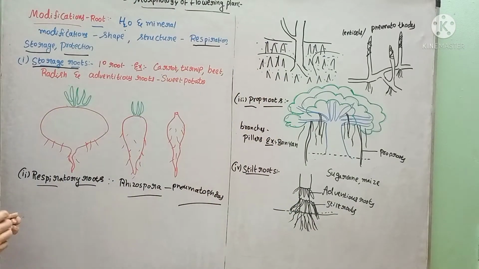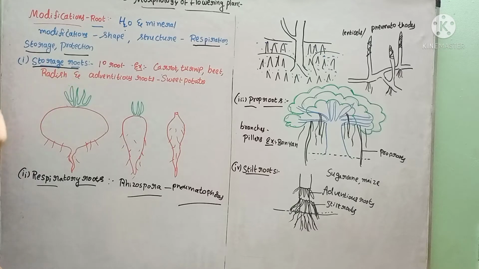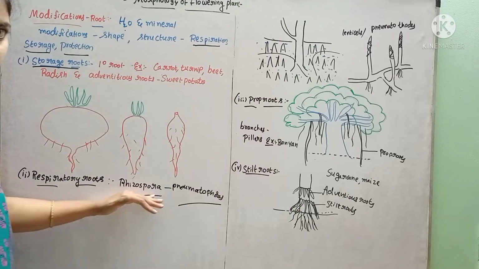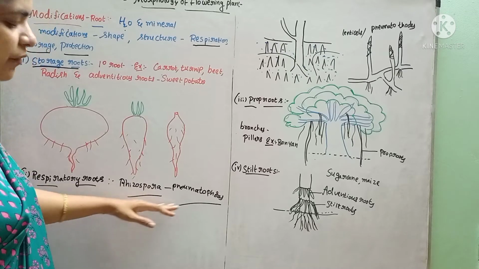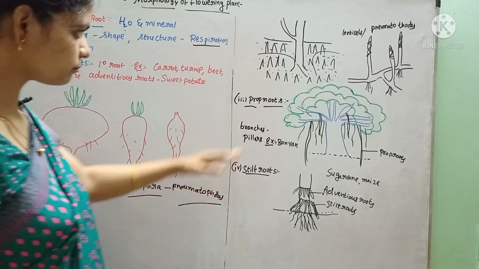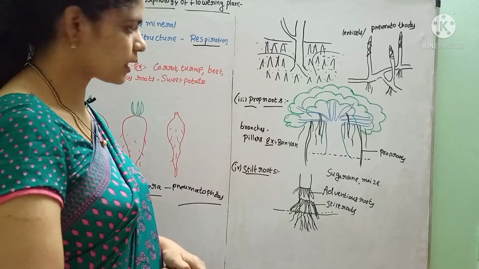So these are some of the modifications. So what are the modifications? We have seen storage roots are seen in the carrot, turnip, beet, radish, etc., where the excess food material is stored in the taproot system. And the respiratory root system was seen in the mangrove trees such as Rhizophora, where the pneumatophores prevent the oxygen deficiency condition.